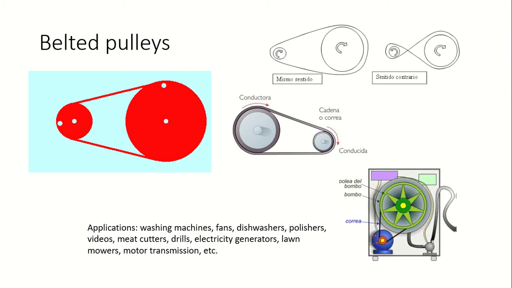The washing machine has here the drum where the clothes are. You put the clothes inside, and this has a strap going around, and the other wheel has a motor that moves this wheel. Okay.